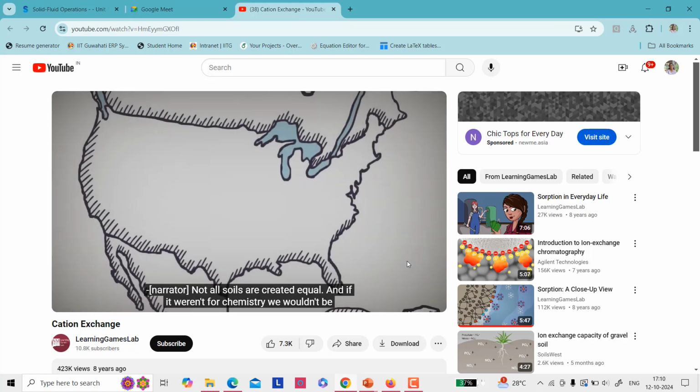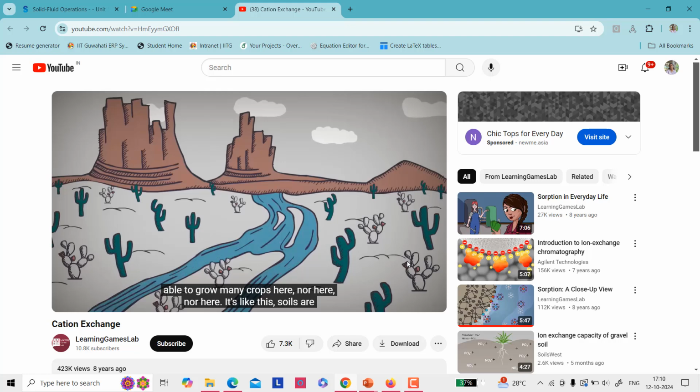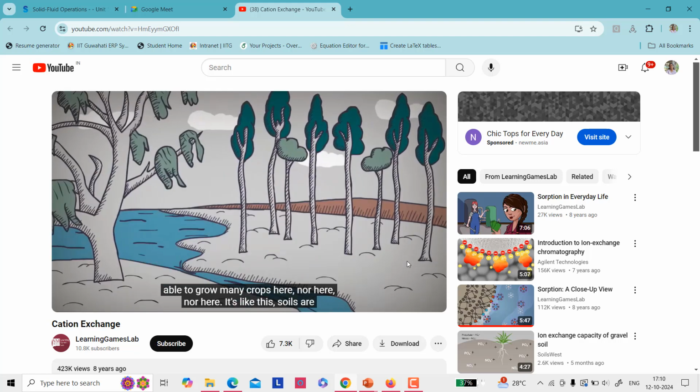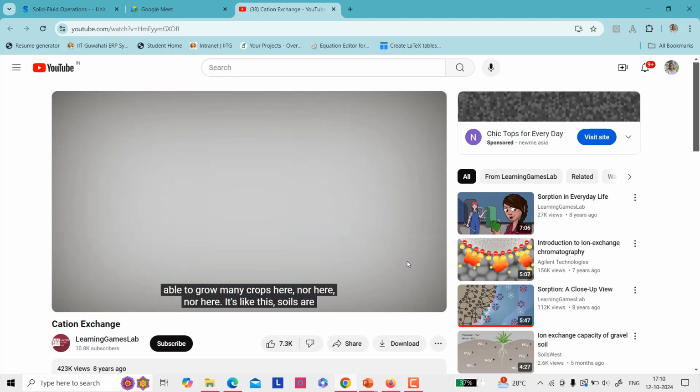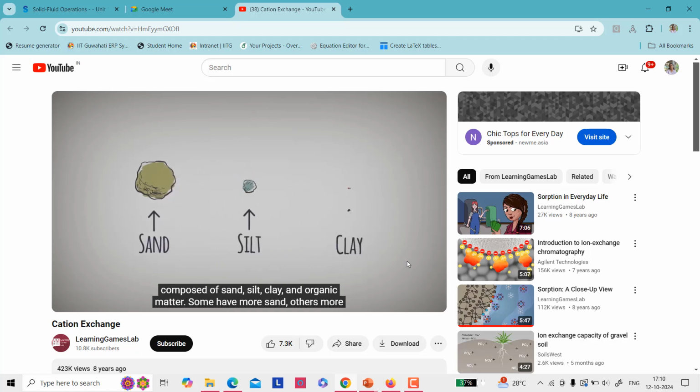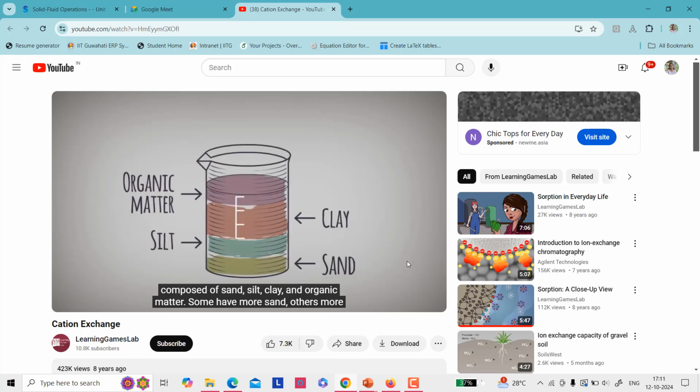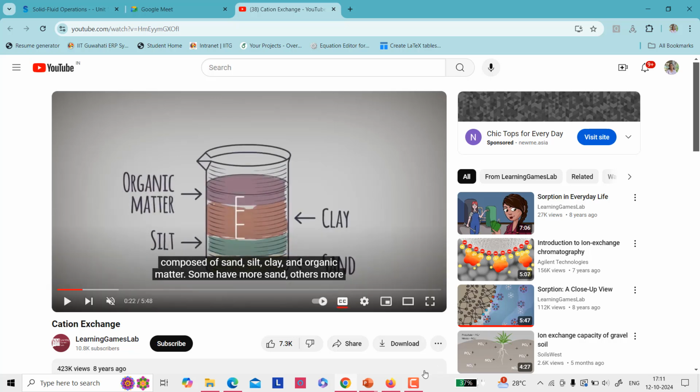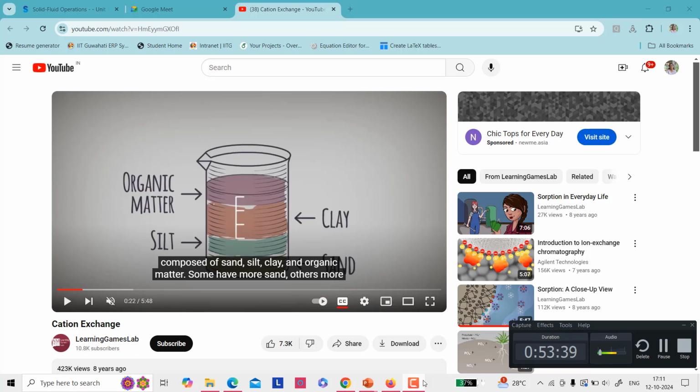So you can see each soil is composed of a unique blend of minerals, with its own color, texture and structure.